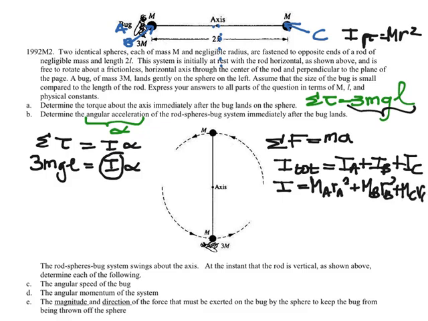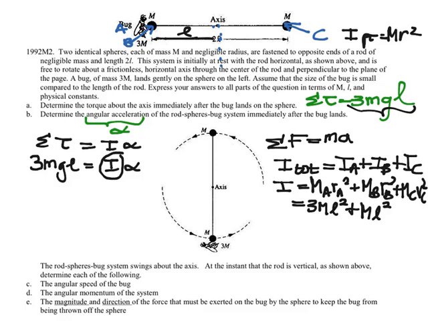Now we know that the mass of A is 3m, and the distance from the pivot point, or the center, is L. So we have 3mL squared. B just has a mass of m. Again, it's a distance L from the pivot point, so we have plus mL squared.